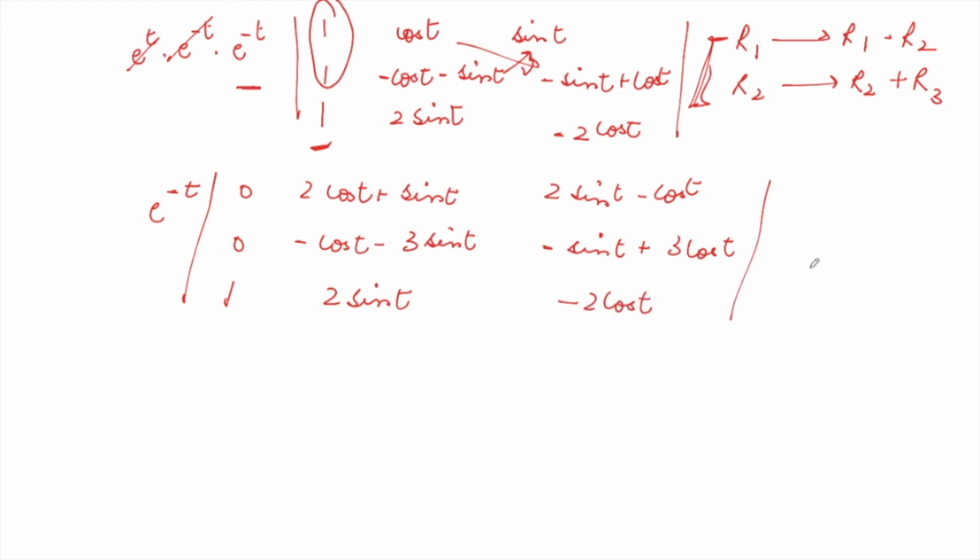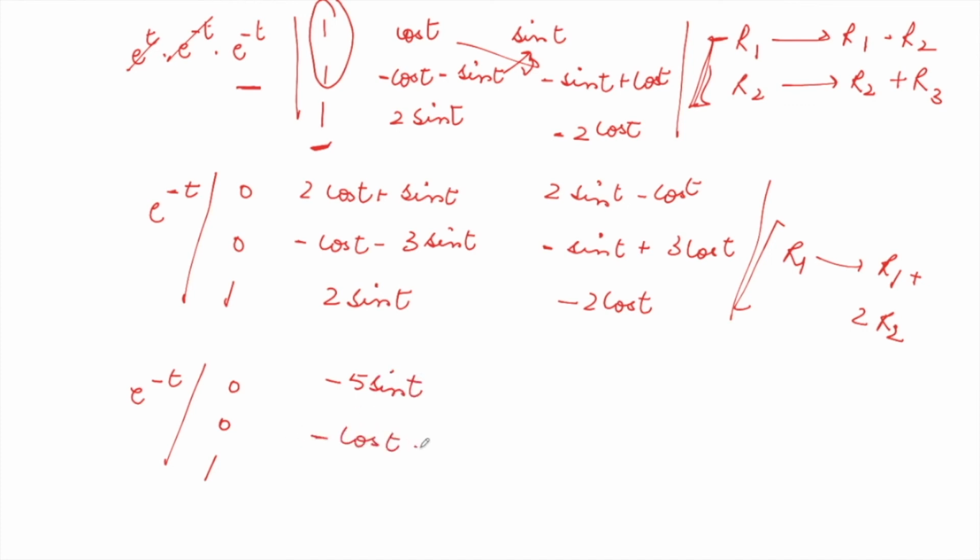Now, can I write R1 as R1 plus 2R2? If I do this operation on this, R1 will be 0, 0, 1 minus 5 sin t, then minus cos t minus 3 sin t and 2 sin t.